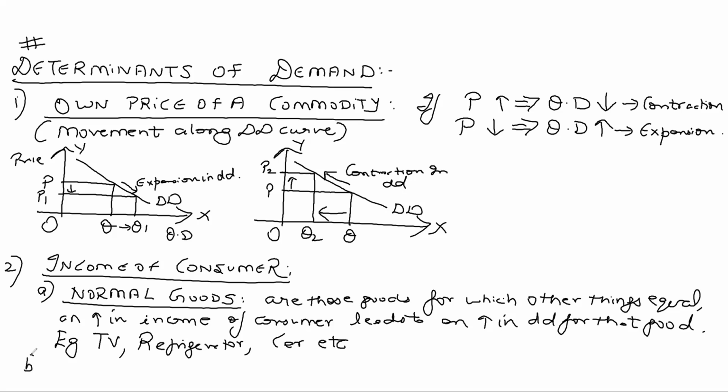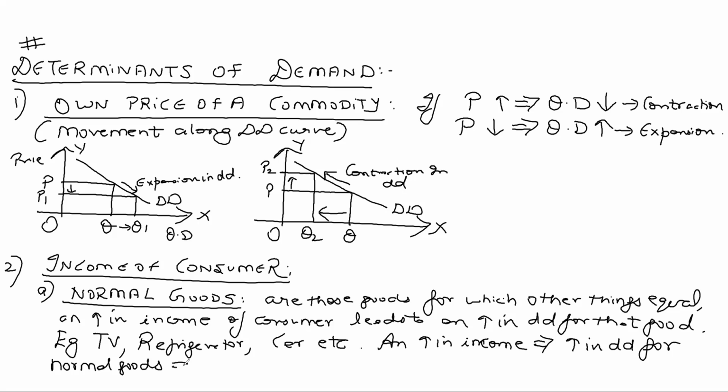Then we have something called inferior goods. Before going on to inferior, I can say an increase in income implies increase in the demand for normal goods, which implies the demand curve itself shifts to the right.